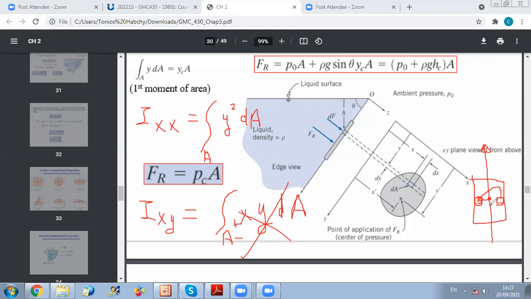So whenever one of the two axes is an axis of symmetry of your surface, the product will be 0. This is valid if Y is an axis of symmetry or if X is an axis of symmetry. Because if X is an axis of symmetry, and I have any element of, let's say, negative y, I will have another one of equal positive y that opposes it.